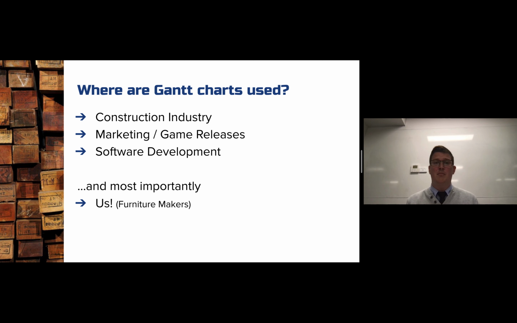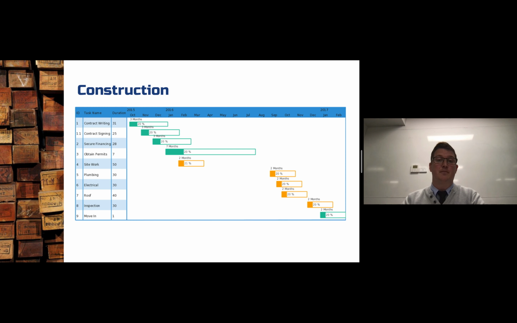If you work for a game company or a marketing company, they definitely use them. If you work in software development, they definitely use them. Movie industry, definitely use them. Furniture makers, absolutely we use them as well to help us plan our projects, particularly if we might have multiple projects we're working on at the same time, or if we have to get our projects done by a certain time in order for the client to use them.